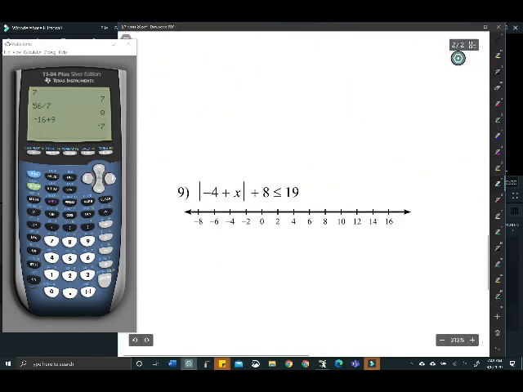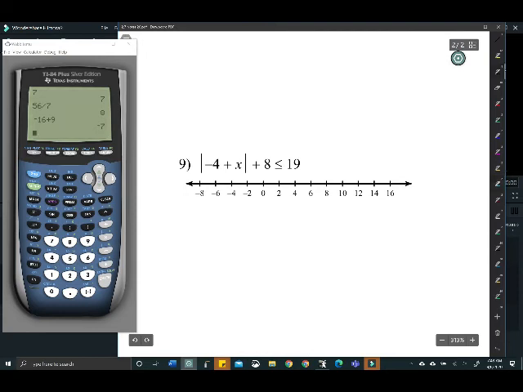Now we have a little more work. Okay, we just build on our skills. So before we decide anything, let's just isolate the absolute value. That just means I'm subtracting 8. Okay, at this point, we have an and or an or. It is less than.